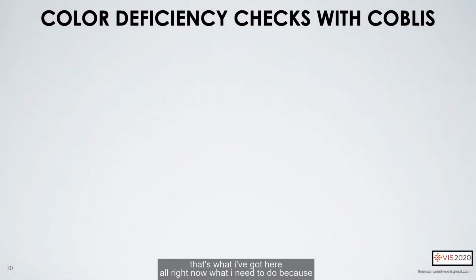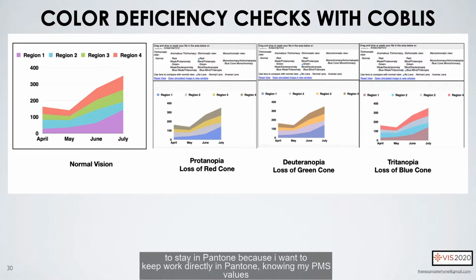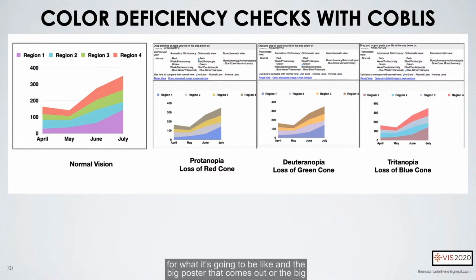All right, now what I need to do, because Pantone Connect's not going to give it to me, is I've got to go do some color deficiency checks. Now, if I'd used Adobe Color, I could have checked the color swatches, but I'm in Pantone, and I know I'm going to go for high-end printing, and I want to stay in Pantone because I want to work directly in knowing my PMS values for what it's going to be like, and the big poster that comes out, or the big annual report.